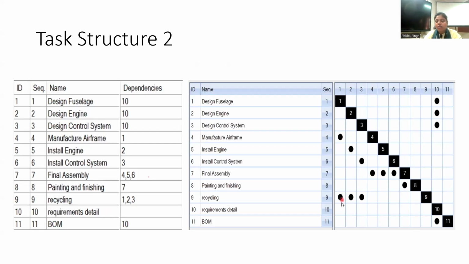So now let us see what it means. It means that design fuselage is depending on the 10th activity, which is listed after 9 activities. It means you are processing task ID 1 now, which is dependent on the 10th activity, which you will be doing after finishing the 9 activities. So how meaningful is it?